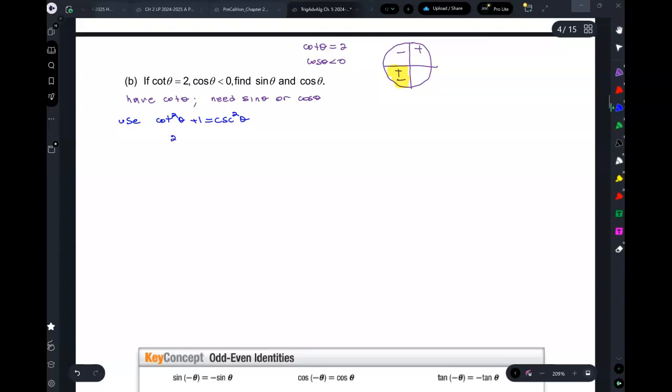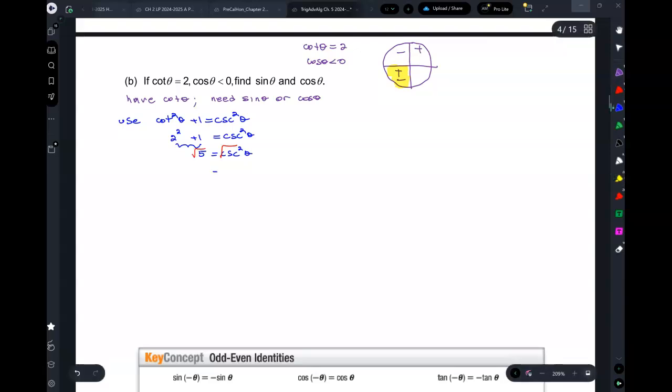Okay, why don't we just put in the numbers here? Cotangent is 2 squared plus 1 is cosecant squared theta. So how much is this whole thing? 5 is cosecant squared theta. Take a square root, take a square root.